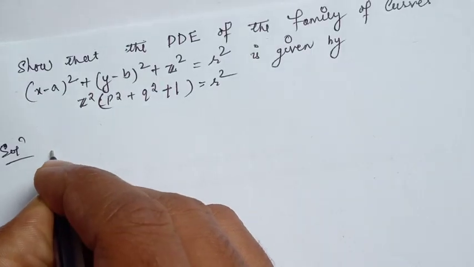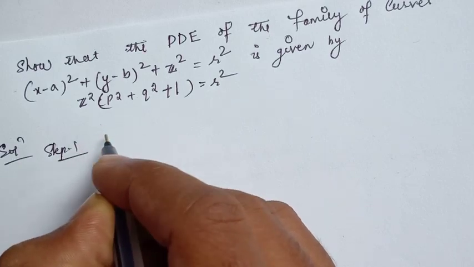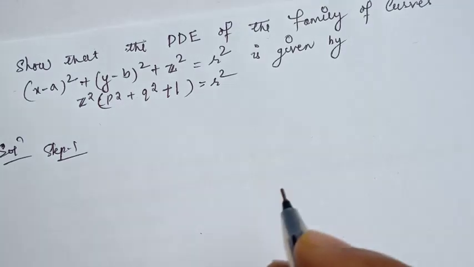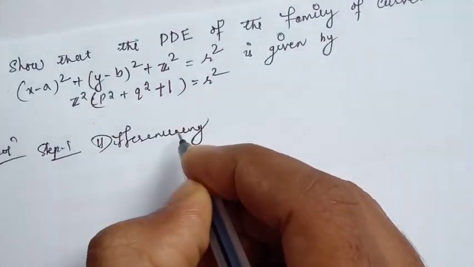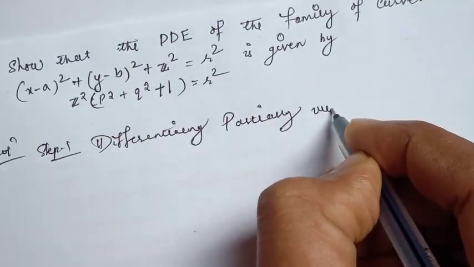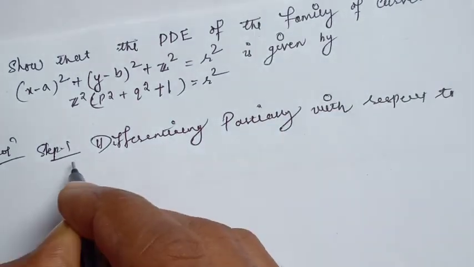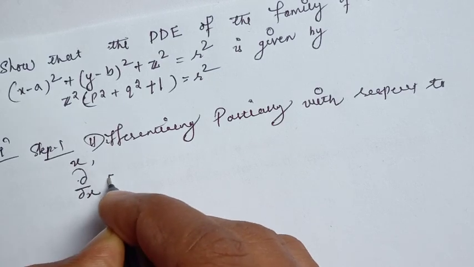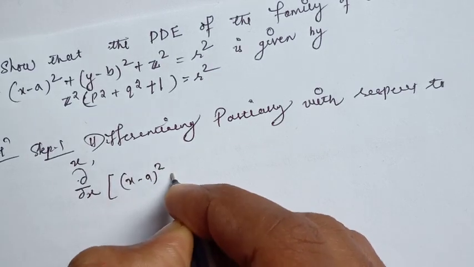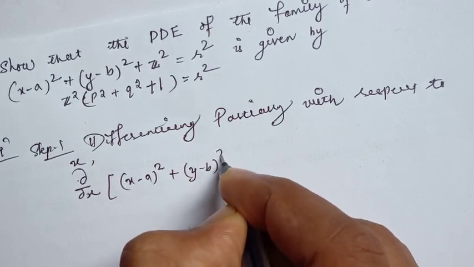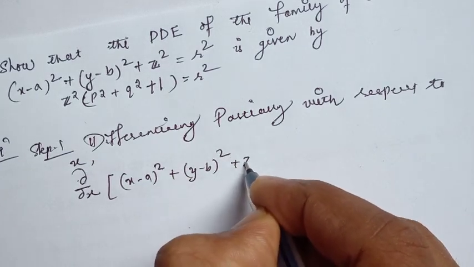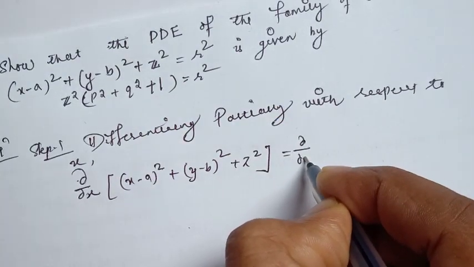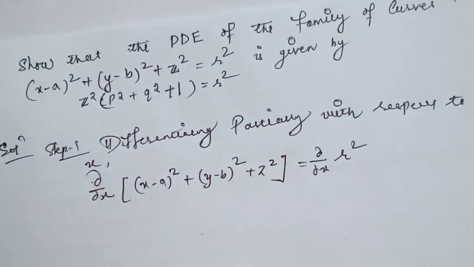Step number 1: differentiating partially with respect to x. ∂/∂x of [(x − a)² + (y − b)² + z²] on the left side, and on the right side ∂/∂x of r².